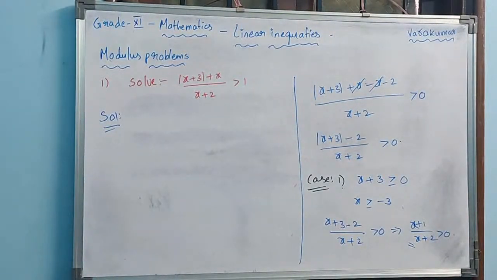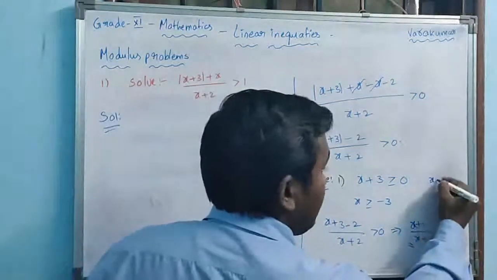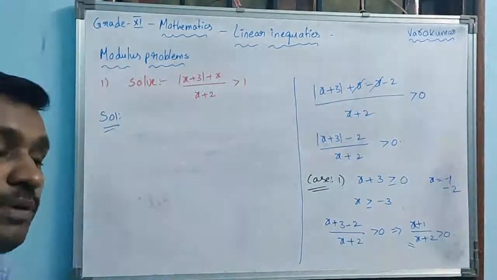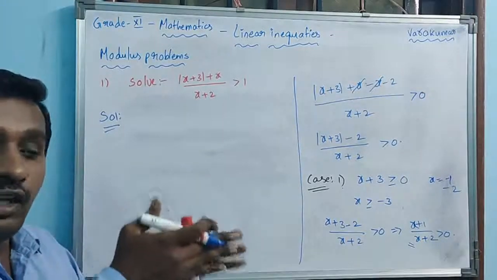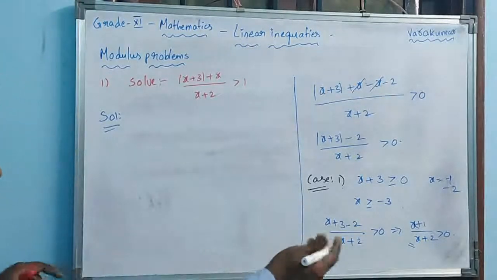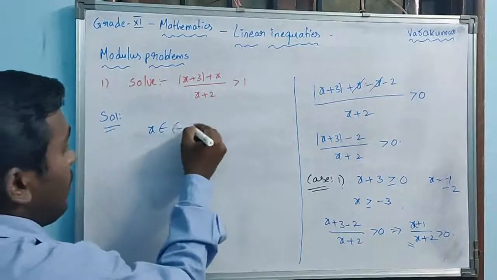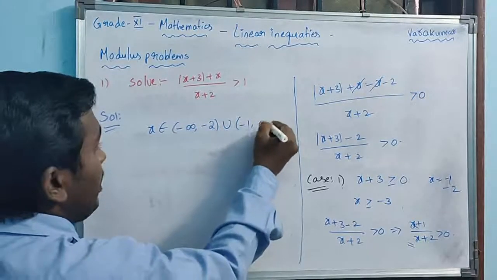The critical points are x = -1 and x = -2. So we start from lower to higher: x belongs to (-infinity, -2) union (-1, infinity).